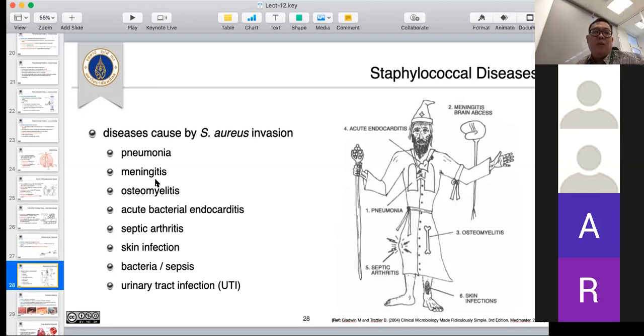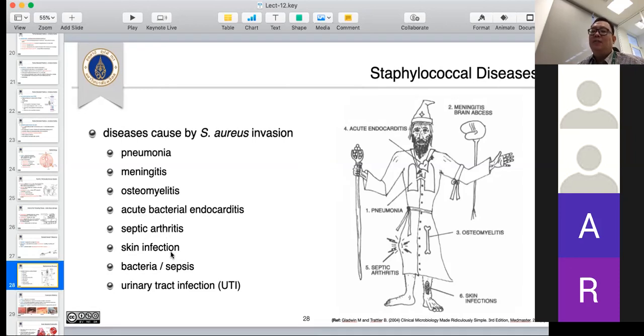So disease from Staph aureus is quite broad. Osteomyelitis, you probably get inflammation of your bone, okay? Acute bacterial endocarditis, we talk about that in the next 2 slides. It causes inflammation of your heart muscle. Septic arthritis makes your joints painful.